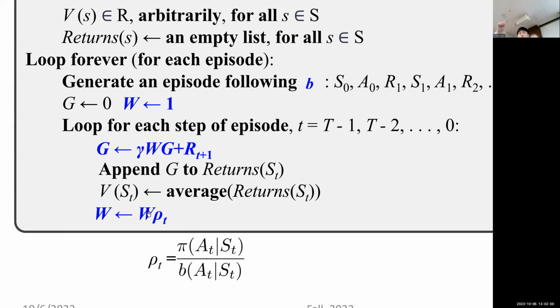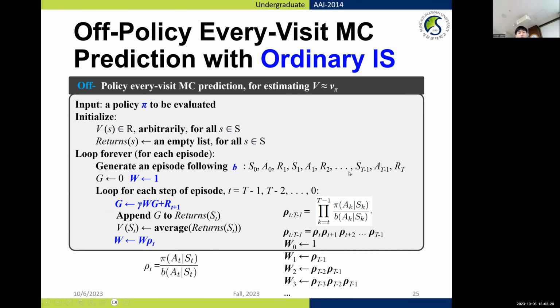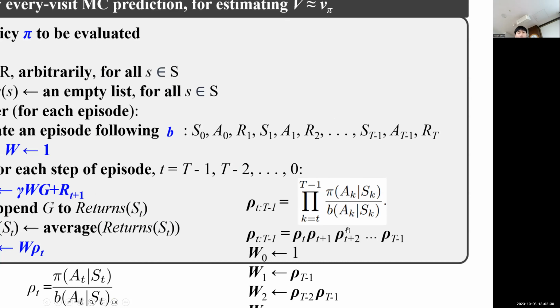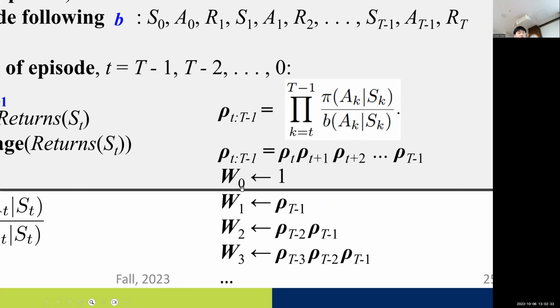So W will be the product of multiple rho as we iterate through all the steps of this loop. The first one will be rho capital T minus 1, then multiplied by rho capital T minus 2, continuing until we reach 0. So W0 equals 1, the initial condition.